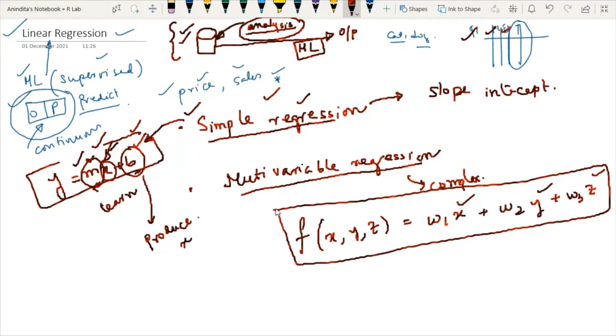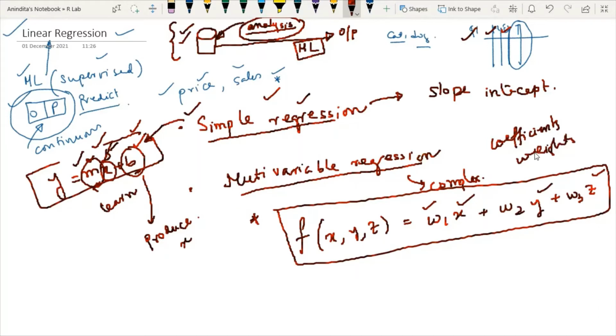So basically my point is we may have more than one feature, which means we have more than one variable. Whenever we are dealing with this kind of equation, W represents the coefficients, or you can say the weights.